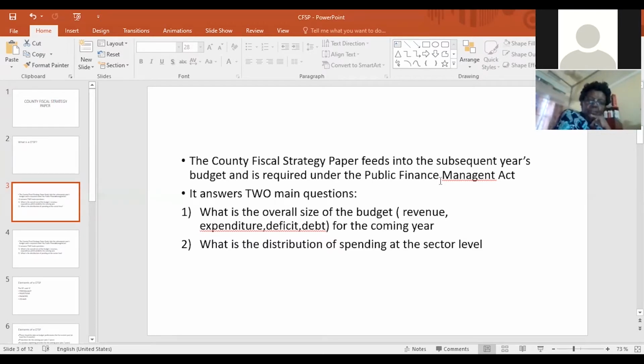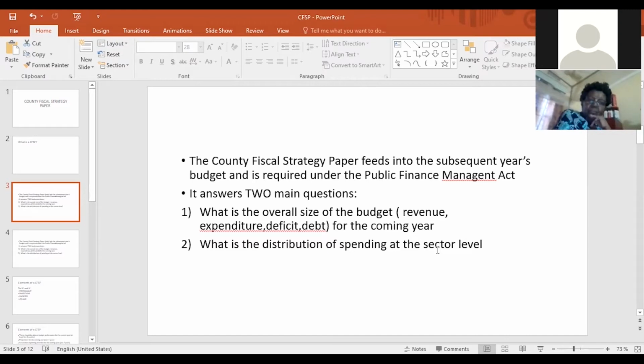The county fiscal strategy paper answers two main questions. What is the overall size of the budget: revenue, expenditure, deficit, which is balance and debt for the coming year. And what is the distribution of spending at the sector level.